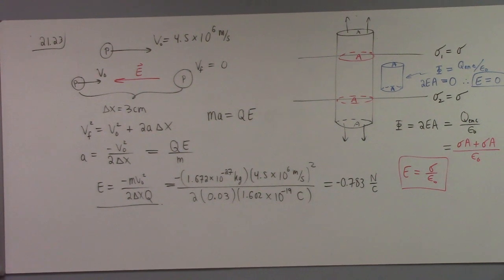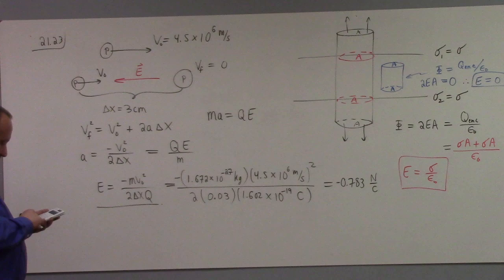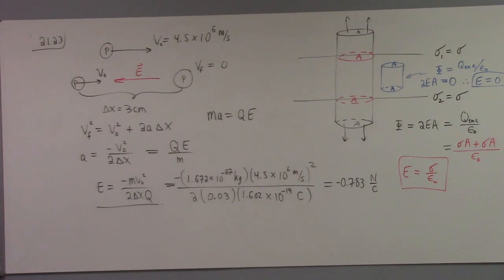Well, it says 3.2 times 10 to the, I'm on chapter 21, right? 3.2 times 10 to the 6th. So, let's try this again. 1.602. Is it chapter 22? No, this is a chapter 21 problem. So I'm going to double check that number there.